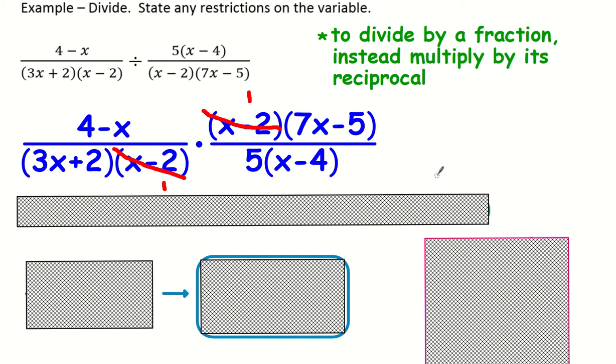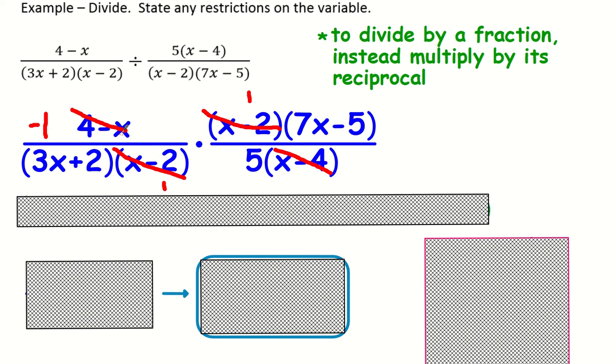But you can still cancel them out. But what would remain is a negative 1.